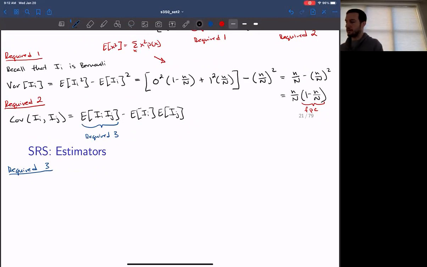Okay, so this particular term isn't terribly difficult to derive because we are dealing with an indicator variable. So I subscript i is a 0 or a 1, and I subscript j is also 0 or 1.